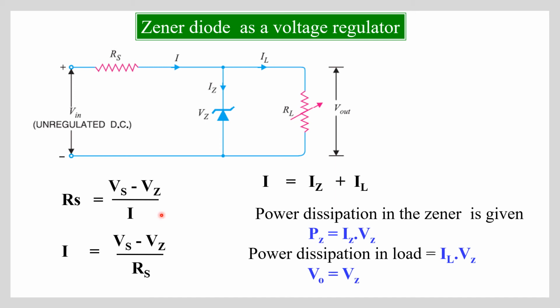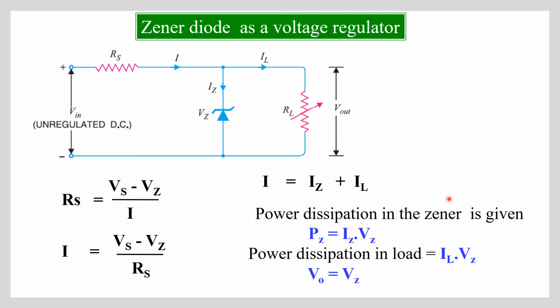So what is the current? I is the current from the unregulated power supply. I is equal to Vs minus Vz upon Rs, where I is the total current, IL and Iz. It is a combination of the current flowing through the load and the current flowing through the Zener diode. So I is equal to Iz plus IL.